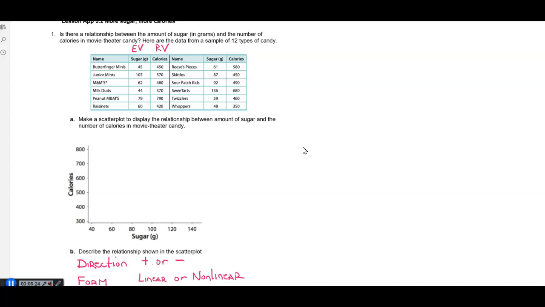So what that means is the explainer goes on the x-axis when we graph this, and the response goes on the y-axis. So this is going to end up on the x, and this is going to be on the y.